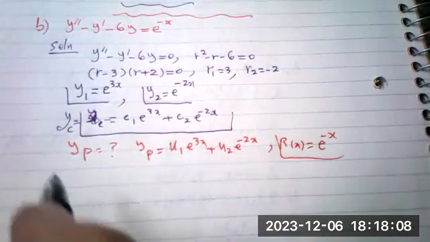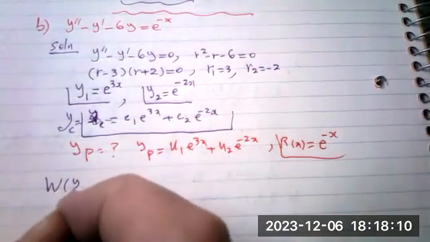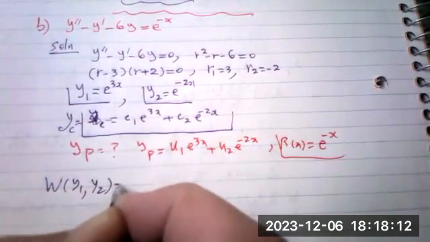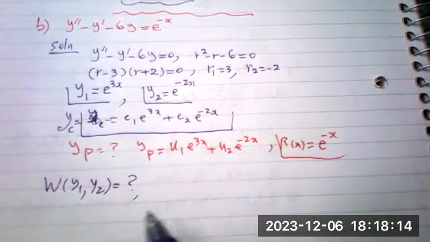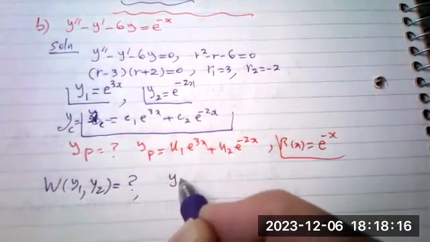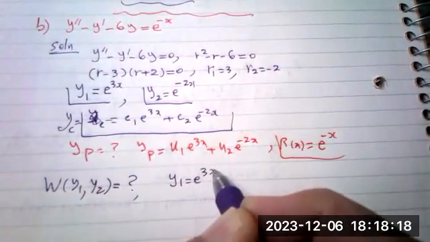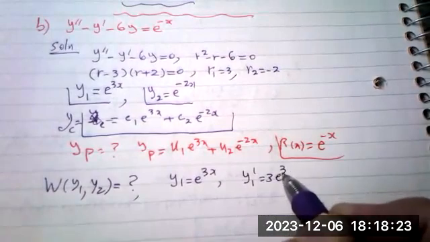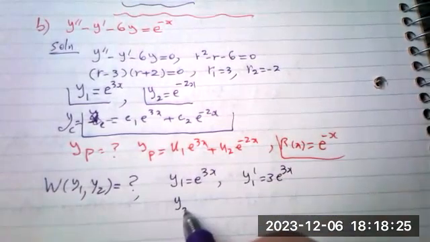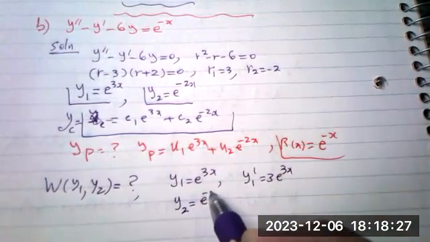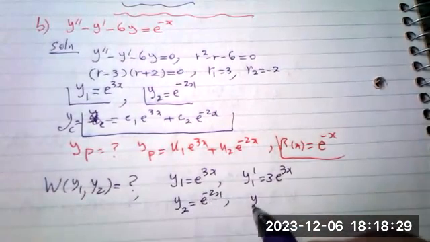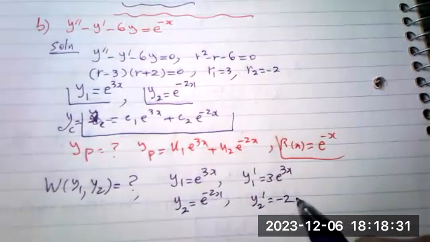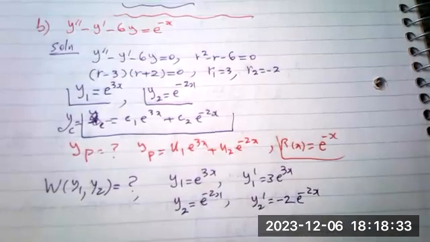So we have to find the Wronskian first. Wronskian of y1, y2. Your y1 is e to the 3x, so y1 prime is 3e to the 3x. y2 is e to the negative 2x, so y2 prime is negative 2e to the negative 2x.